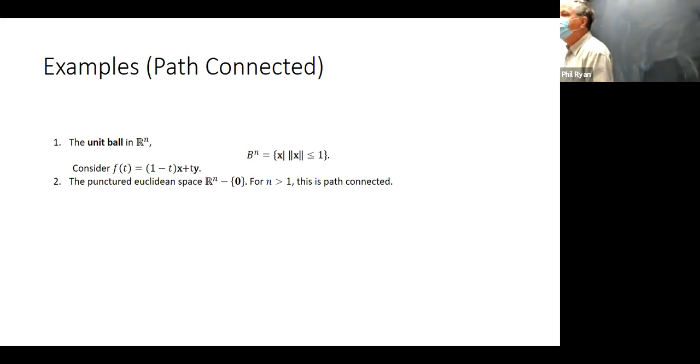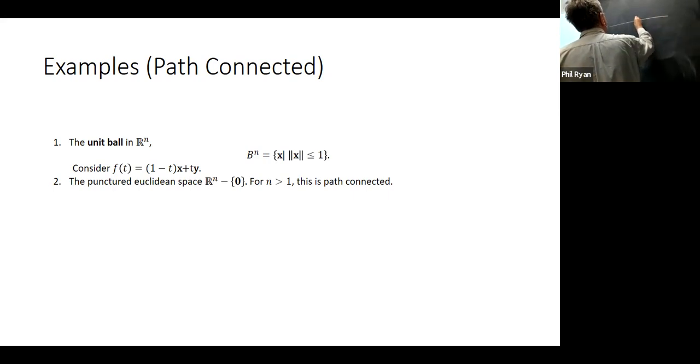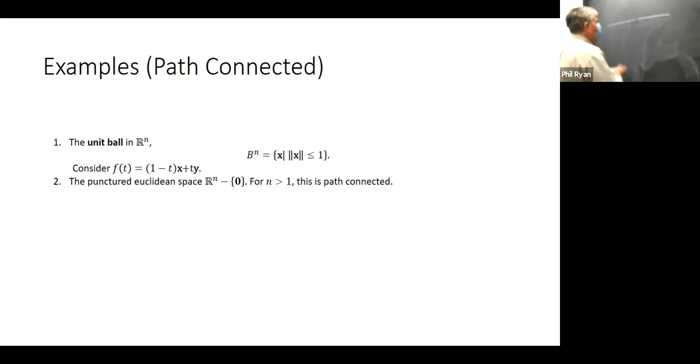Obviously, if n equals 1, then we've got the real line and we've taken away the origin. We can't get then from negative numbers to positive numbers. But if n is bigger than 1, we're given 2 points x and y. How do we go from x to y?